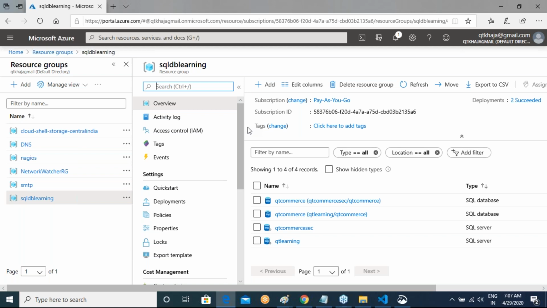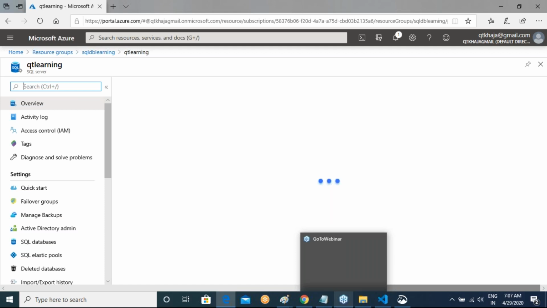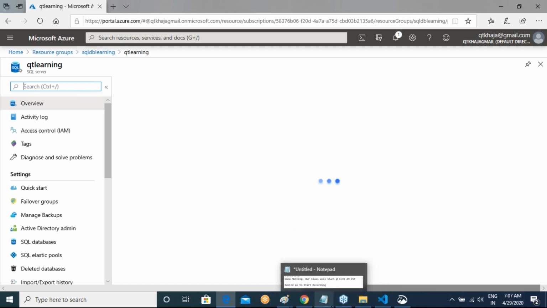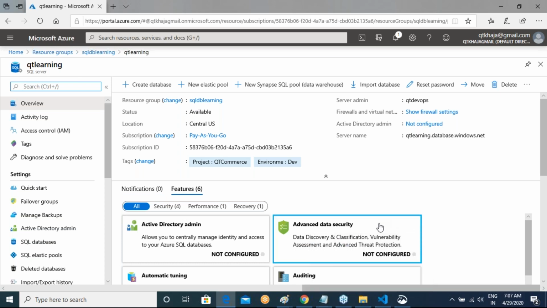We have configured the geo replication and all of that stuff, right? Let me go to the server. What was the server in Central US? I'm not going into the database. I'm going into the server. Am I clear on this?